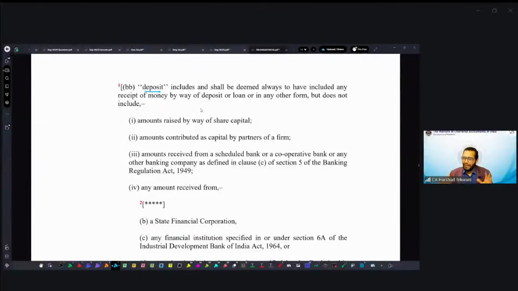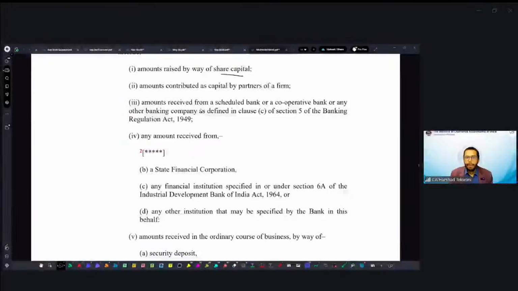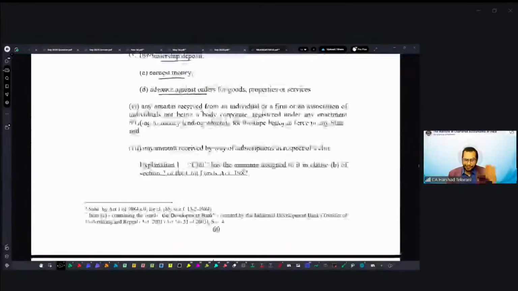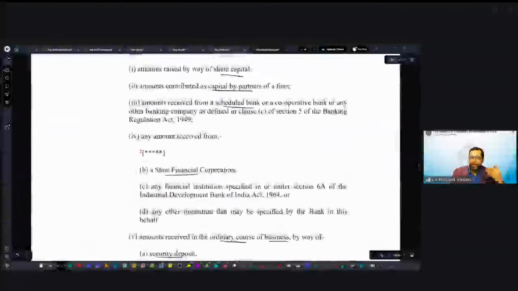And the definition is very wide: any receipt of money by way of a deposit or a loan in any other form, but they have provided the negative list, like share capital, capital by partners, amount received from scheduled bank, amount received from state financial corporation, or amount received in the ordinary course of business like security deposit, dealer deposit, earnest money, advance against orders, all these things. So they have defined what will not be a deposit, but apart from that, everything is a deposit.